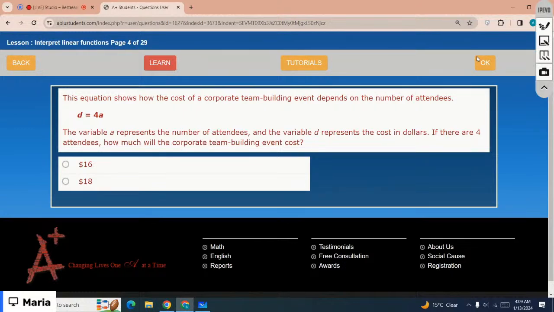You have to replace A with 4 because you have a total of 4 attendees. That is 4 times 4, and that equals $16. The correct option is $16.